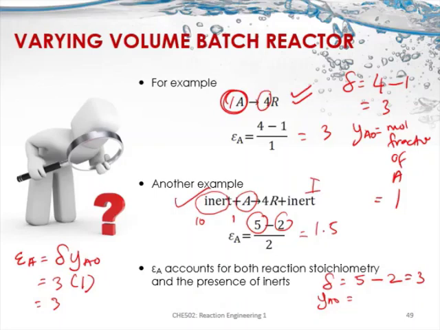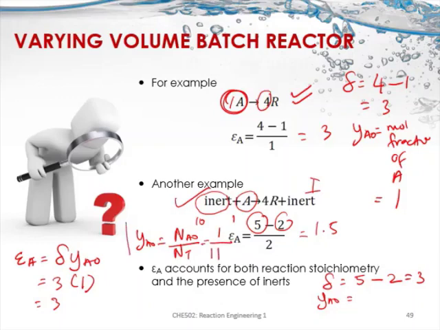So if it is 10 and 1, YA naught will be the mole fraction: YA naught is equal to NA naught divided by N total, the total number of moles. In this case the number of moles of reactant A is 1, but the total number of moles will be 11.